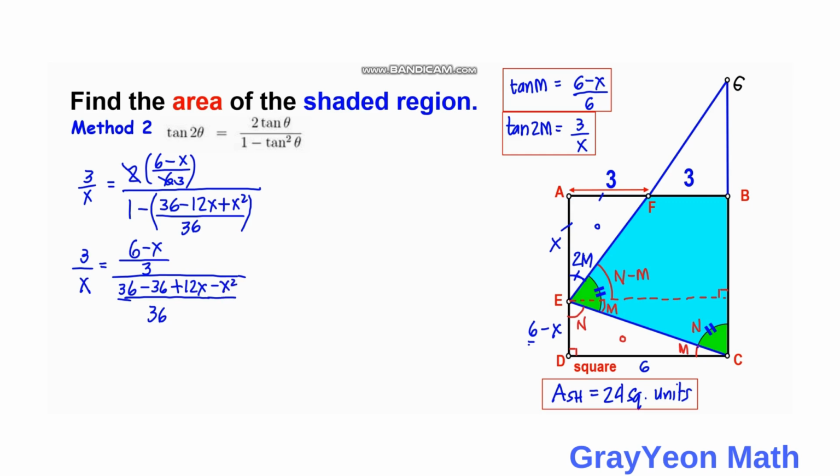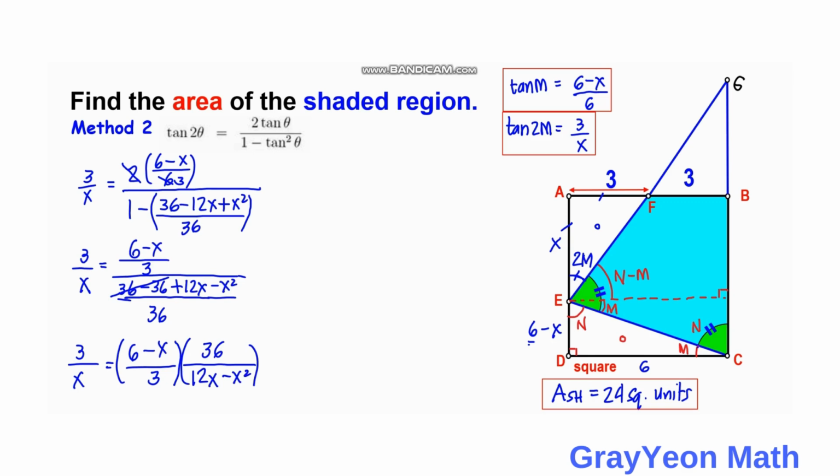Okay, and we cancel this, and we simply invert this denominator. So we copy the denominator on the right hand side and we copy this on the left hand side. So you have 3 over x is equal to 6 minus x over 3, and we invert this, then this becomes 36 over 12x minus x squared.